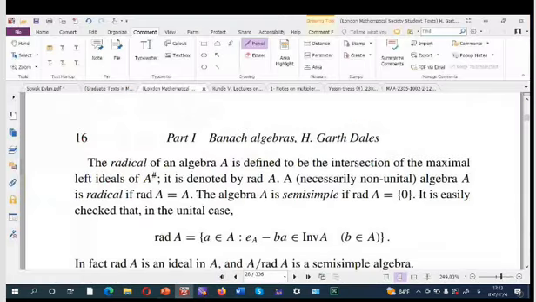It is easy to check that in the unital case we have this equality.